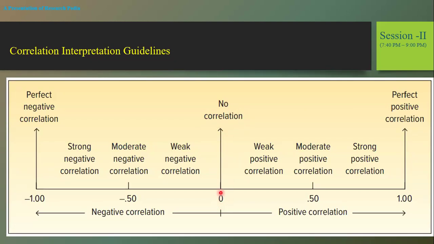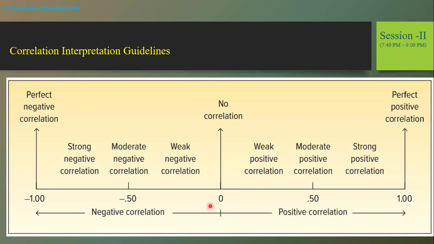But if the value of correlation is between 0 and 0.50 on the positive side, on the right side, it means a weak positive correlation. So when we interpret the correlation coefficient, if it is between 0 and 0.50, we may consider it a weak positive correlation.